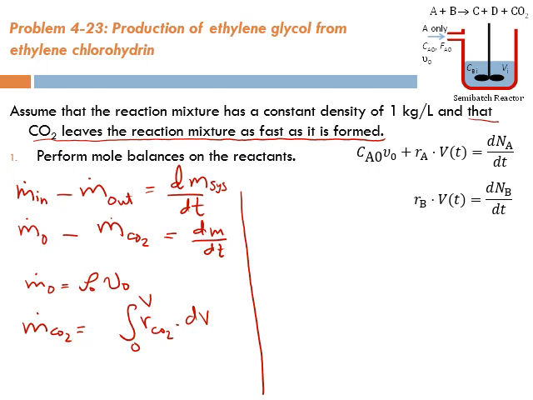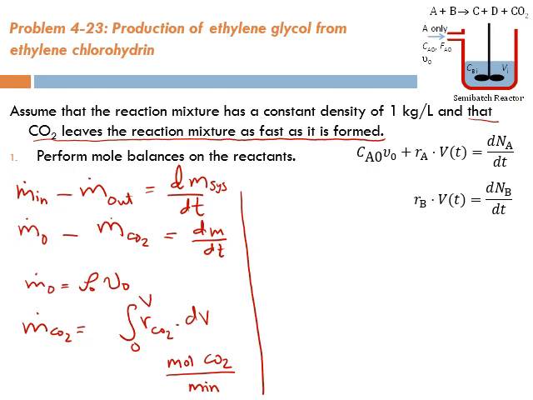The unit here is mole CO2 per minute, if I'm using minute, correct? Because R of CO2 is mole CO2 per minute per liter, and dV is in liters, so you'll get mole CO2 per minute.